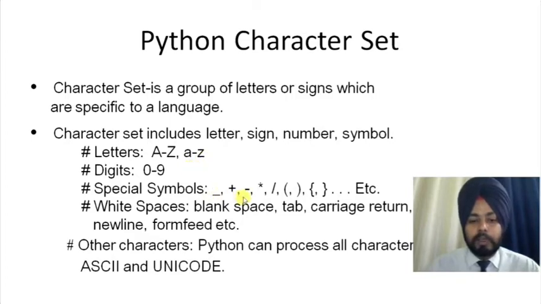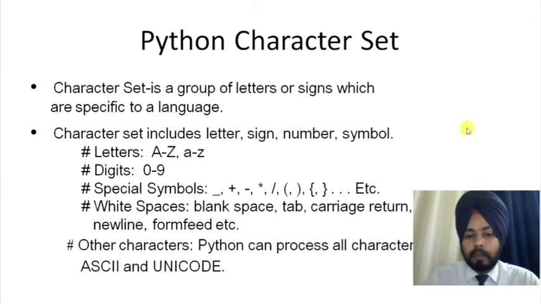Symbols are like white space, blank space, tab, carriage return, new line, form feed, etc. Other characters: Python can process all characters of ASCII and Unicode. Means Python can process both character sets.